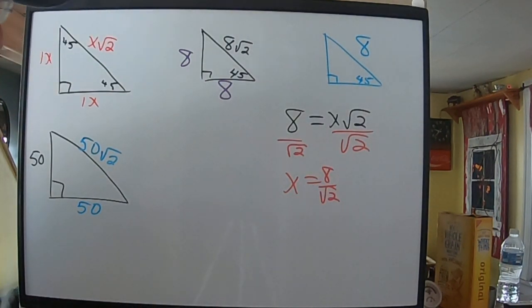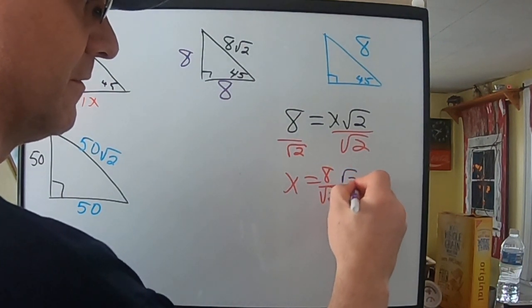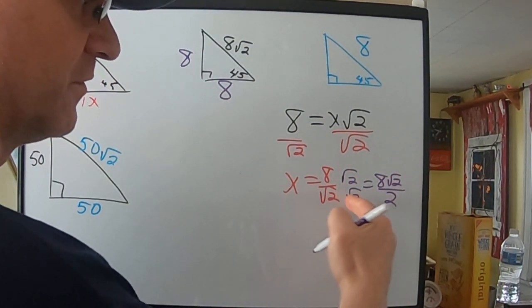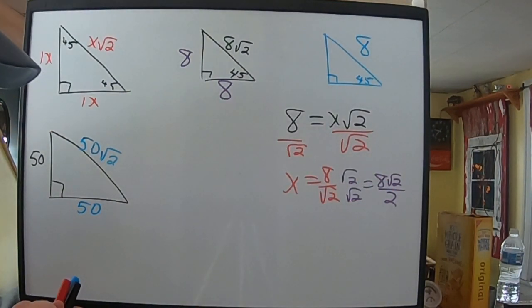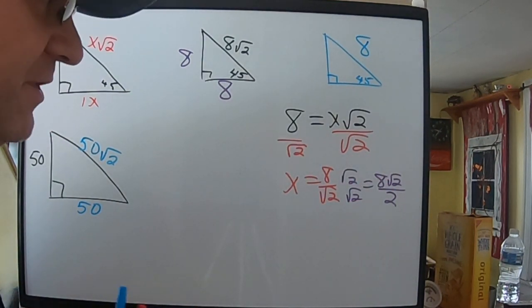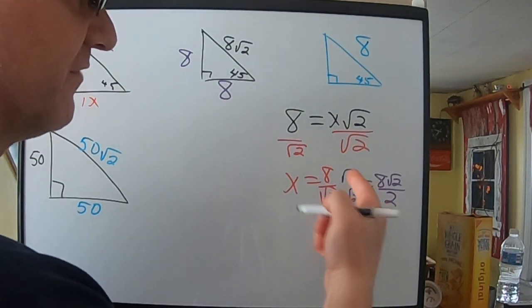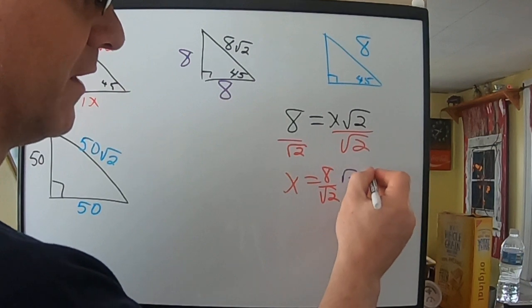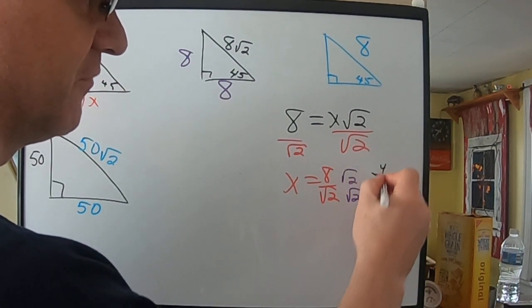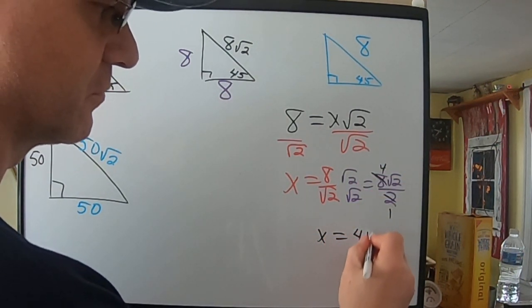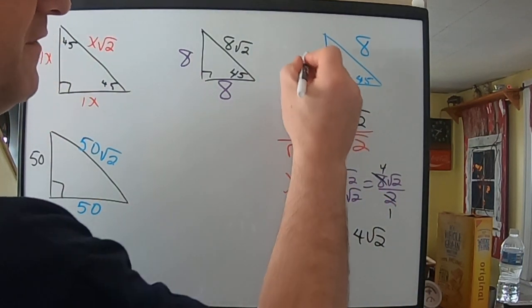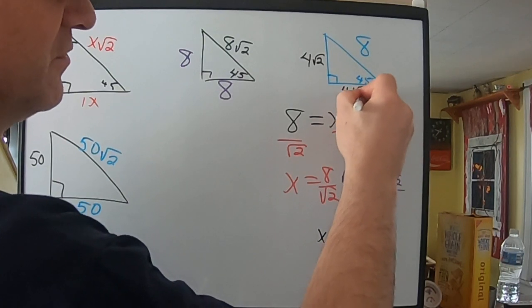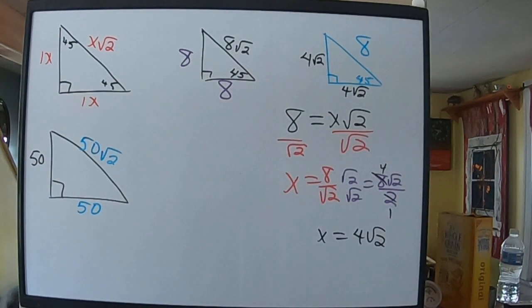Well, we can't leave it like that, so we rationalize. Square root of 2 times square root of 2 equals the number 2. And of course, the 8 and the 2 reduce. It doesn't always happen that way. If that were a 7, then it would be 7 square root of 2 over 2. But this reduces to 1 and 4, so x is 4 square root of 2. So I can fill it in, 4 square root of 2, 4 square root of 2, and I am done.